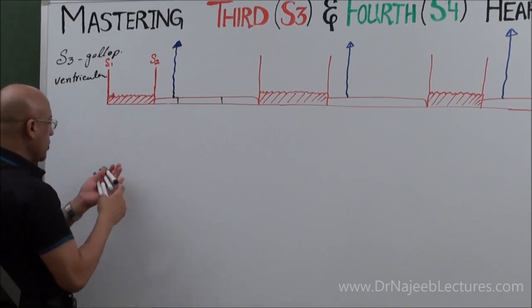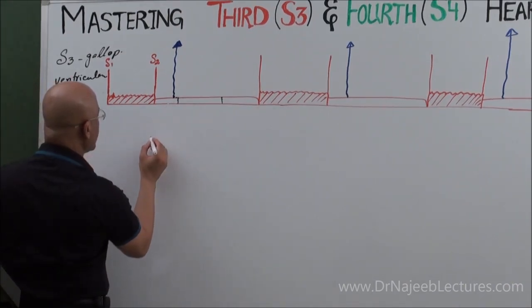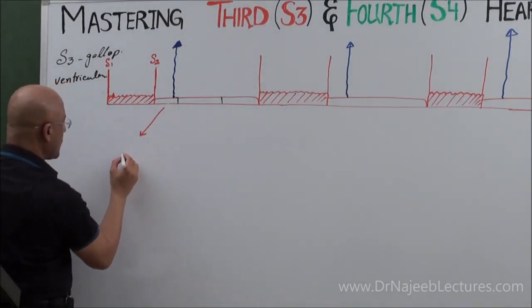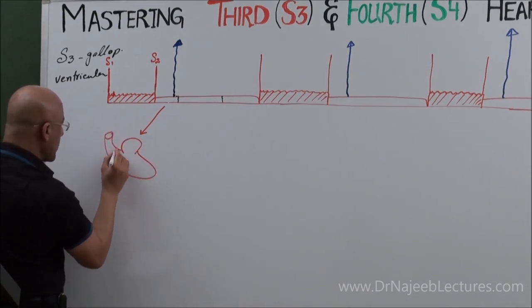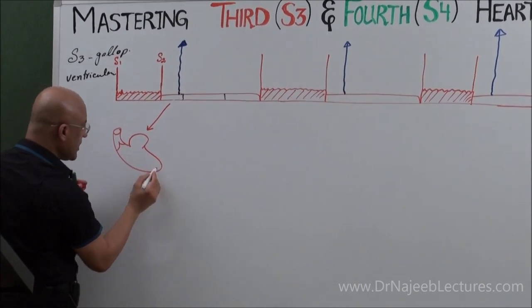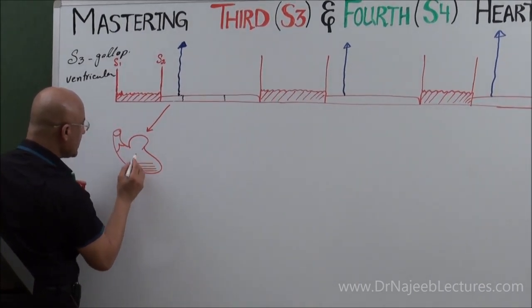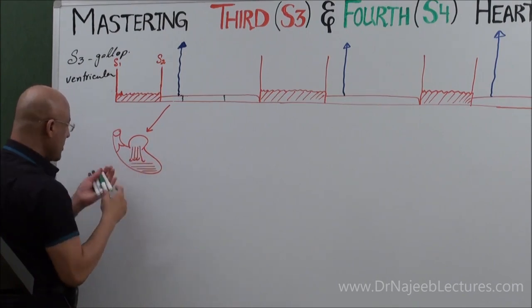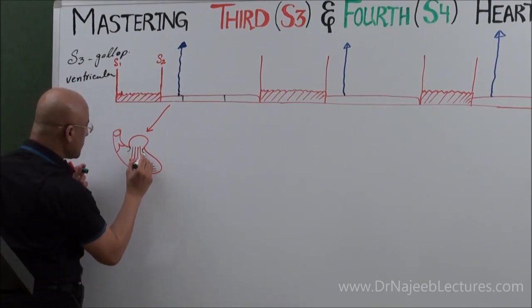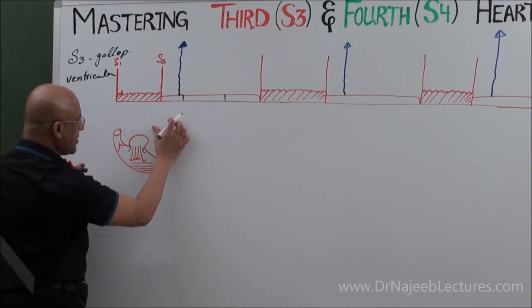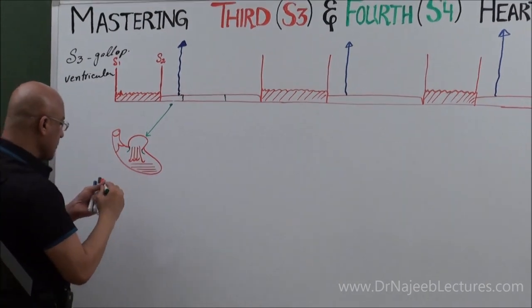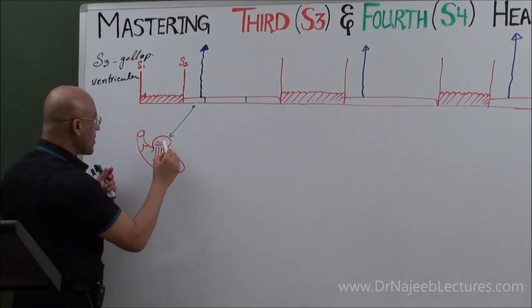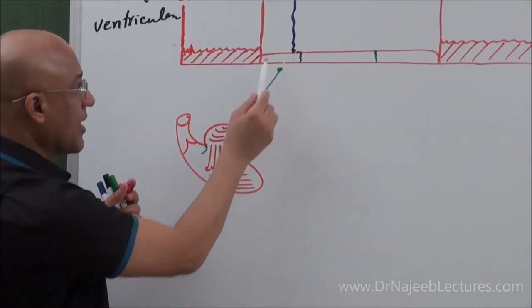In early 1/3, there was rapid ventricular filling, and as we discussed, this rapid inflow will produce the third heart sound in early diastole.